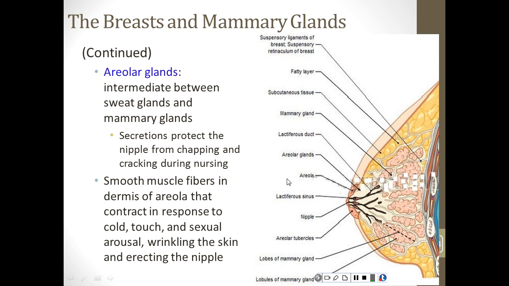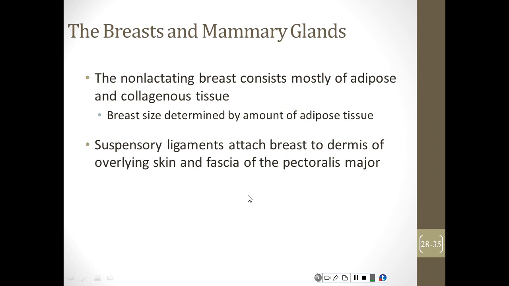Okay. Alright, so if it's cold outside, if the nipples are touched or the areola is touched, or with sexual arousal, the skin or dermis of the areola has smooth muscle fibers that are going to contract. Okay, any type of those responses.